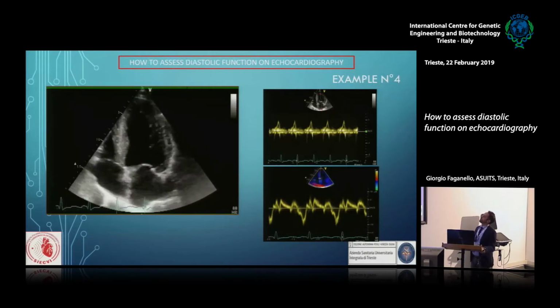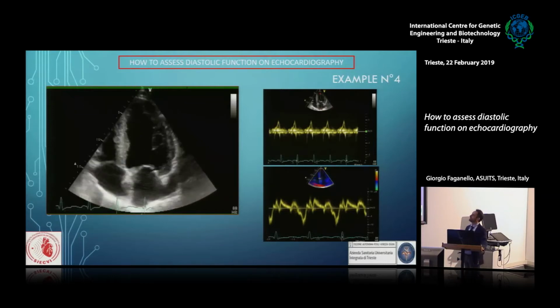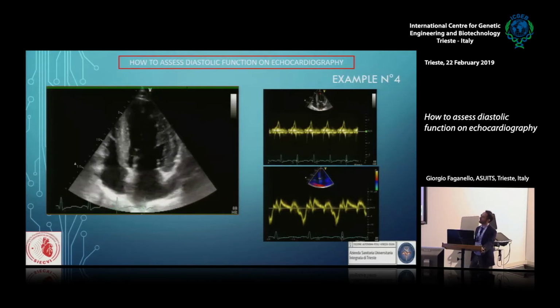So, pulse wave Doppler will be like this, and we got almost a fusion between E and A waves. So it's not that easy. And the TDI in the septal is almost fused.